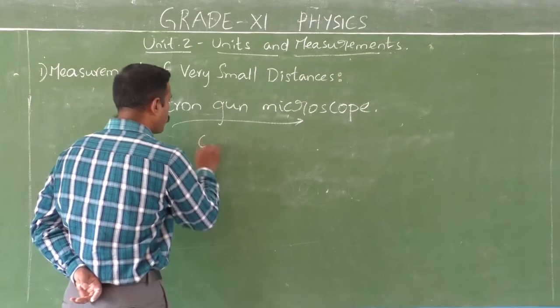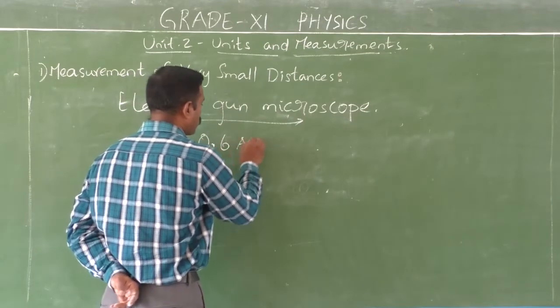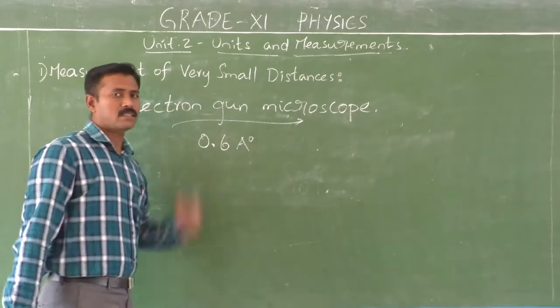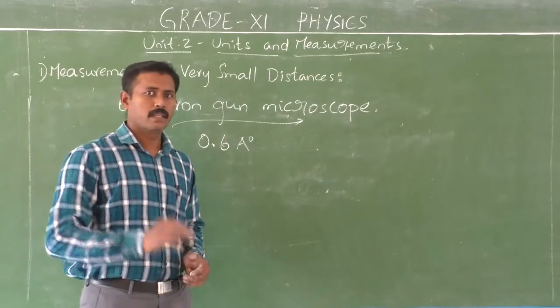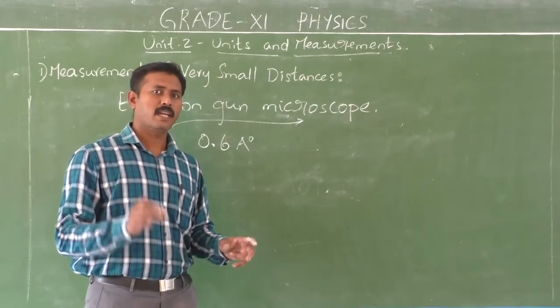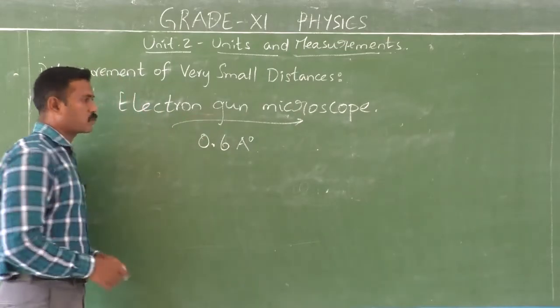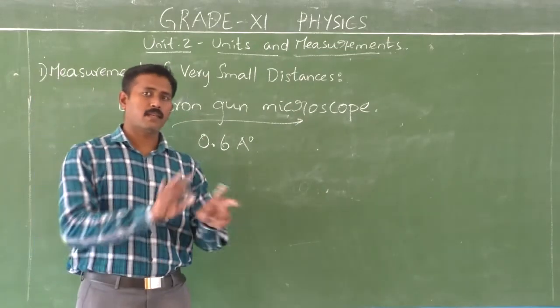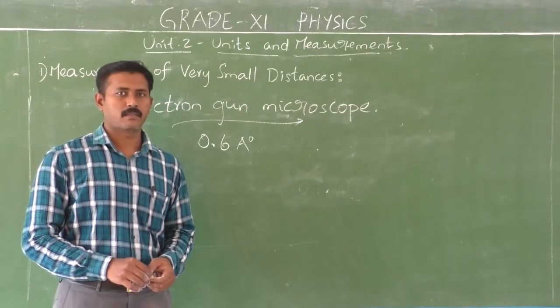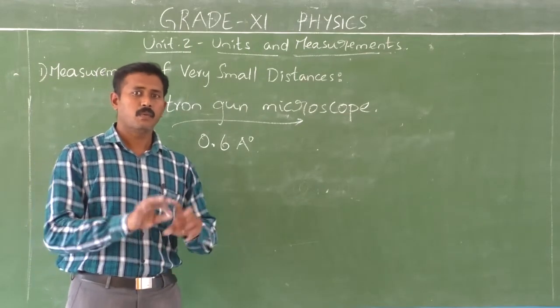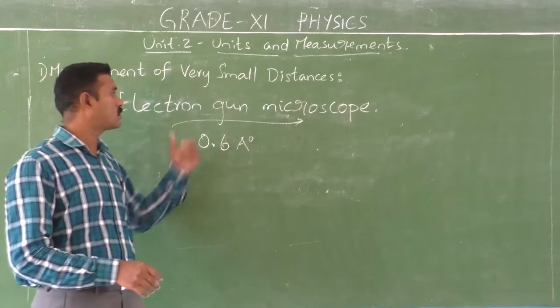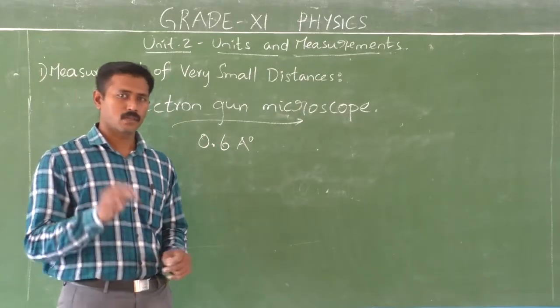It is of the order of 0.6 angstrom. So using this electron microscope, the particles can be very exactly resolved, atoms and molecules very separately. The images can be very specifically obtained by using this electron gun microscope.